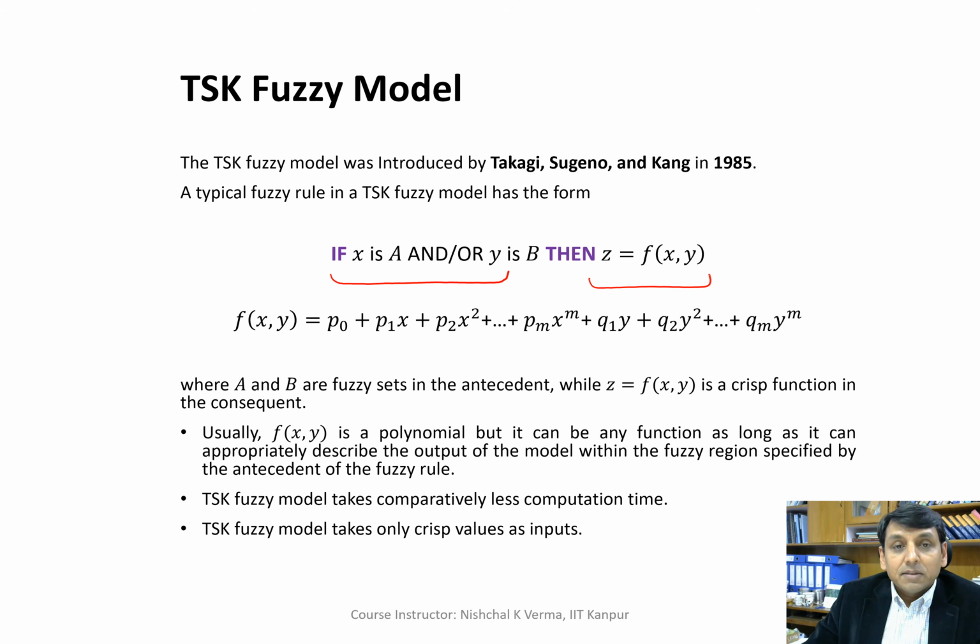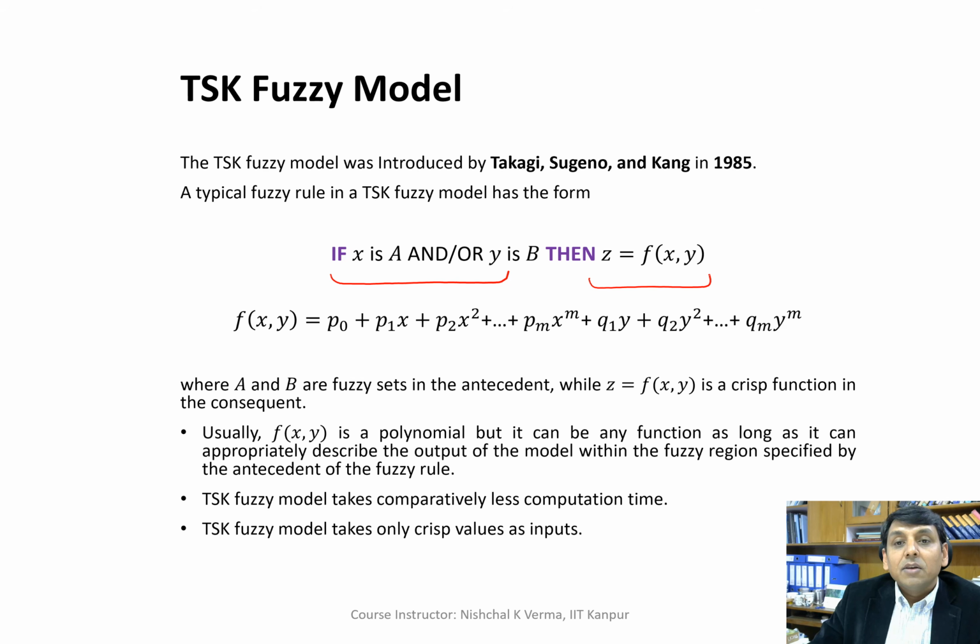The fuzzy rule for the TSK fuzzy model has the premise part and the consequent part. The premise part remains as it was in Mamdani, Larsen, Tsukamoto. So here also the premise part is fuzzy. It may have either a single antecedent or multiple antecedents.